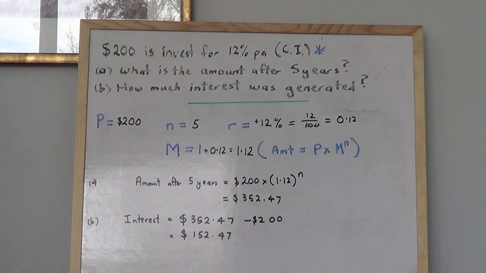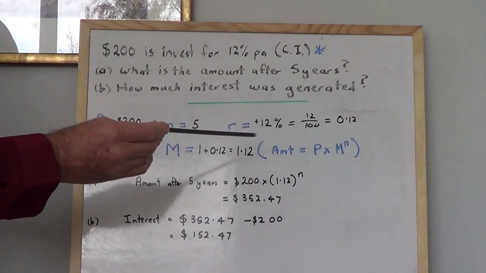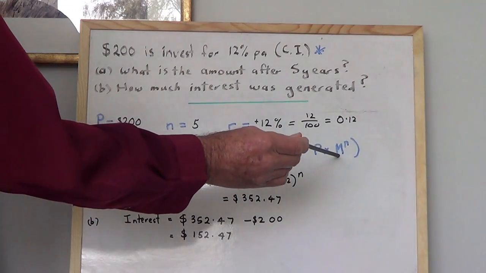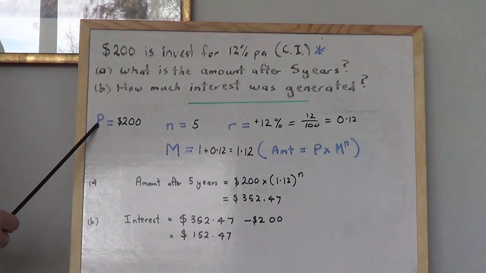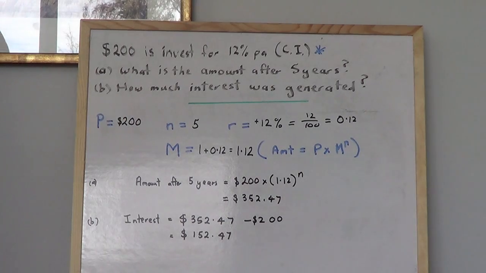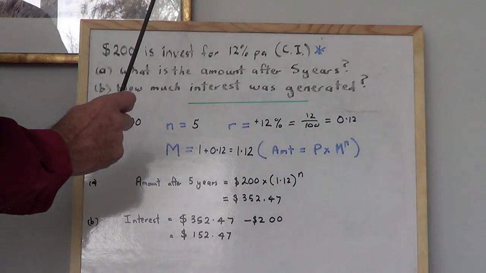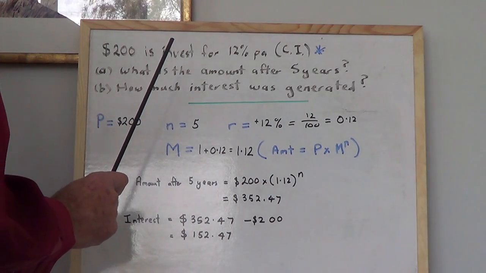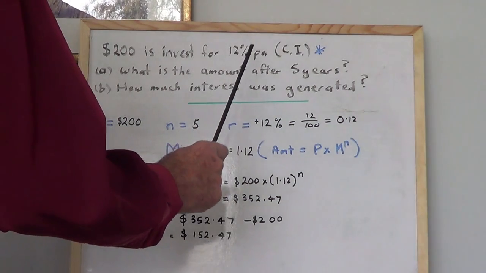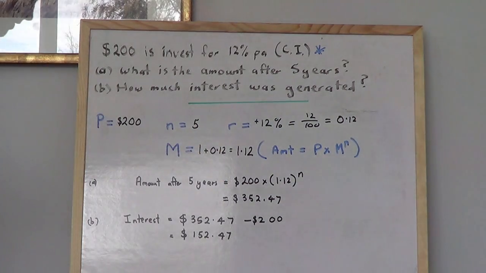First thing you have to do is extract the information. You've got this formula, P, M and N. P is the principal, which is 200. Now, the time period is a year, and how many years have we invested this for? Oh, I didn't put that in.